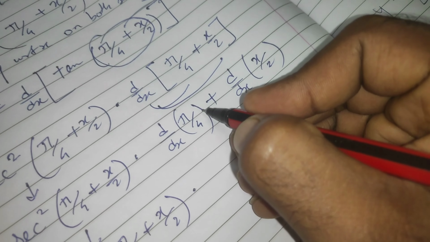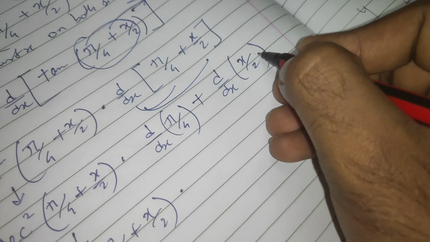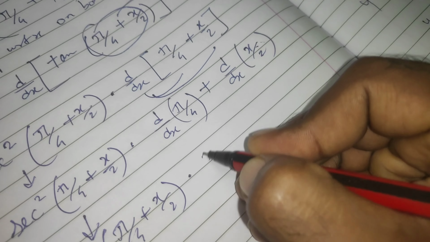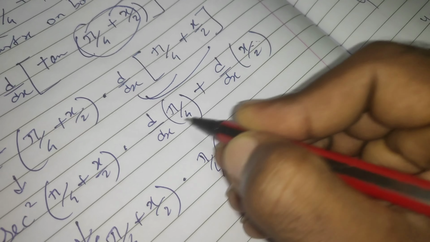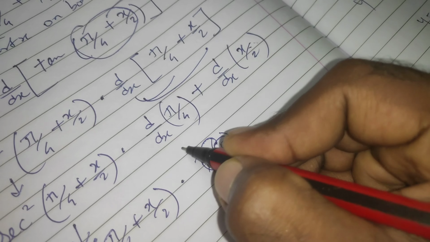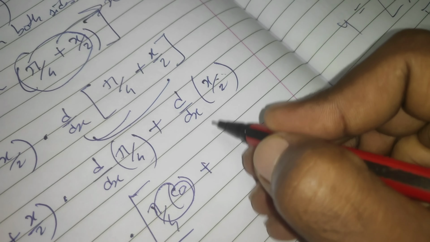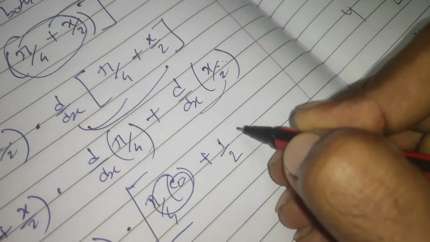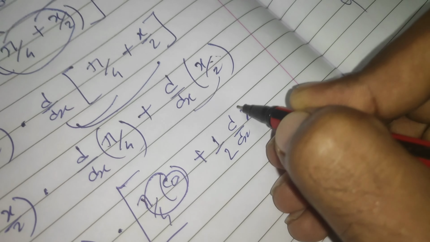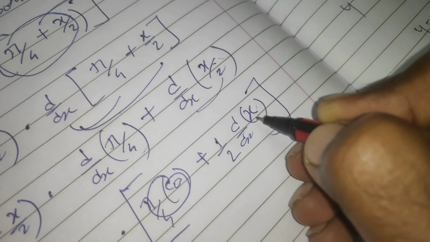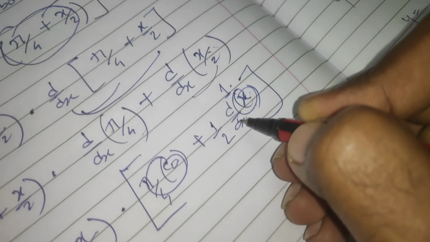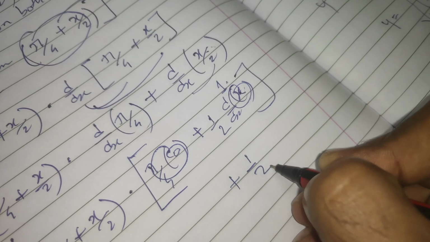Here the x function is not there, so pi by 4 is just a constant, and the derivative of a constant is 0, so it's 0 plus the derivative of this: the half comes out, the derivative of x is 1, so 1 into half is half.